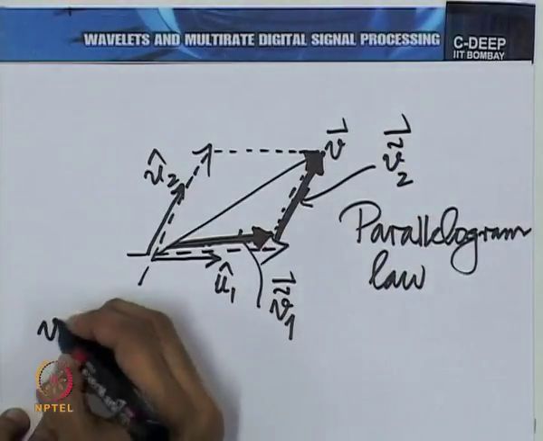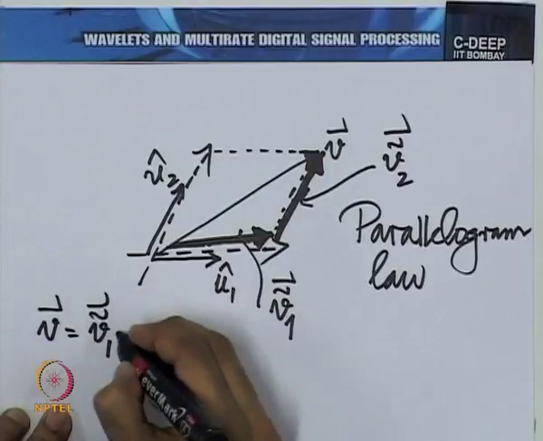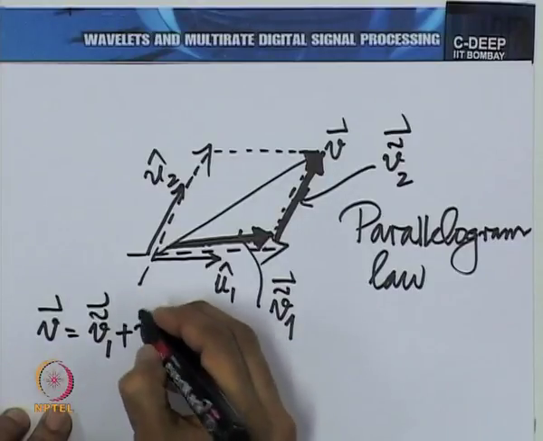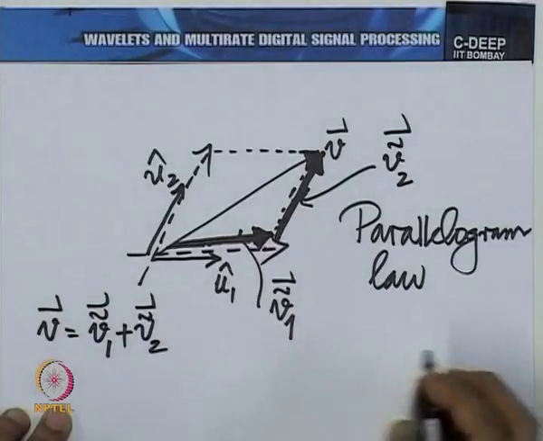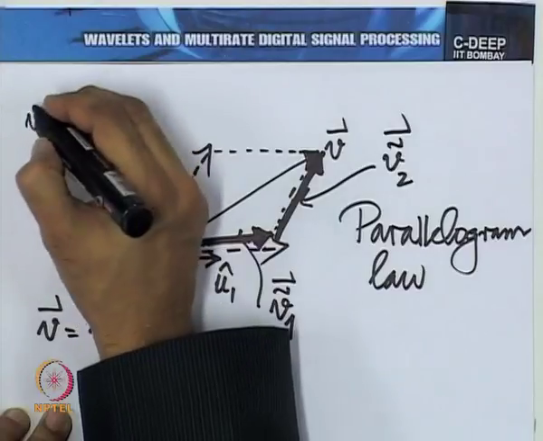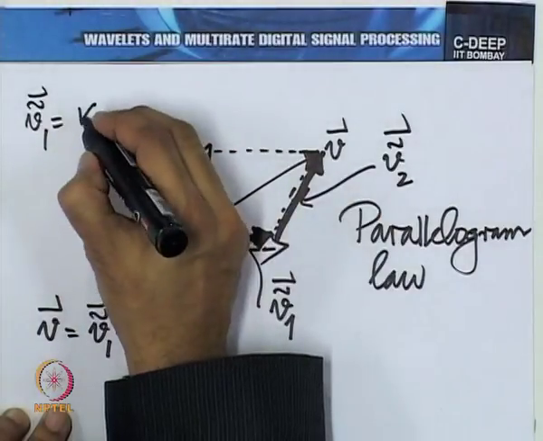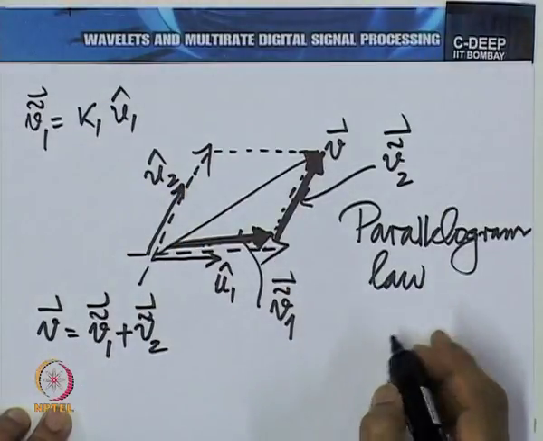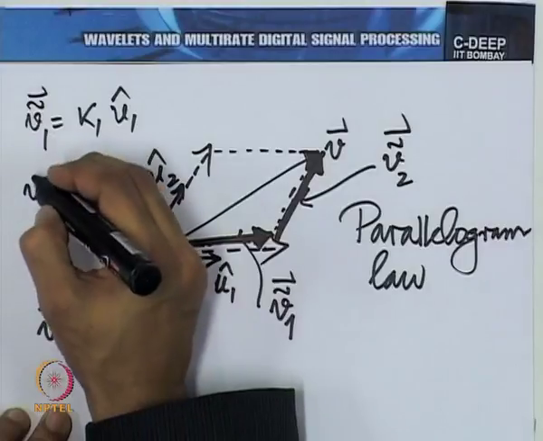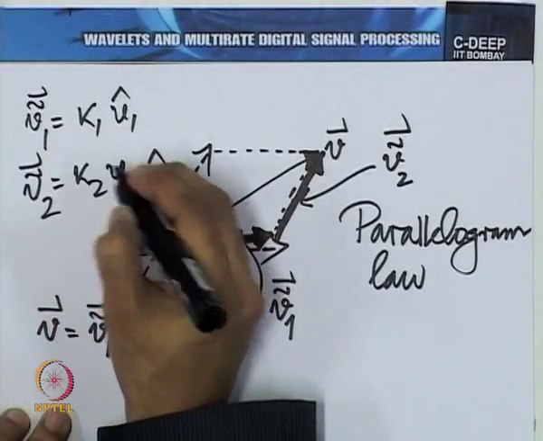Of course, we have v is v1 tilde plus v2 tilde, and it is very easy to see that v1 tilde as a vector is some multiple of u1, and similarly v2 tilde as a vector is some multiple of u2.